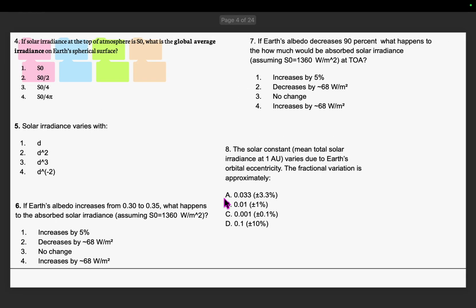Now, question 4. If solar irradiance at the top of the atmosphere is S0, what is the global average irradiance on Earth's spherical surface?